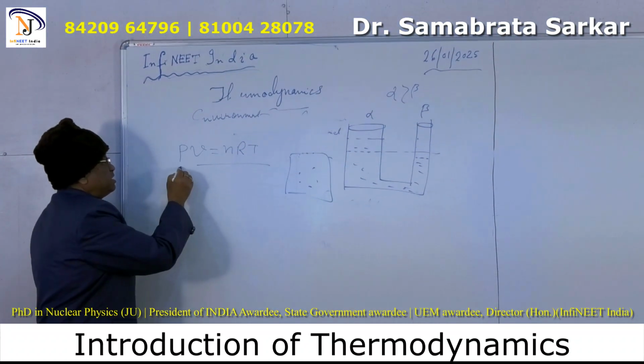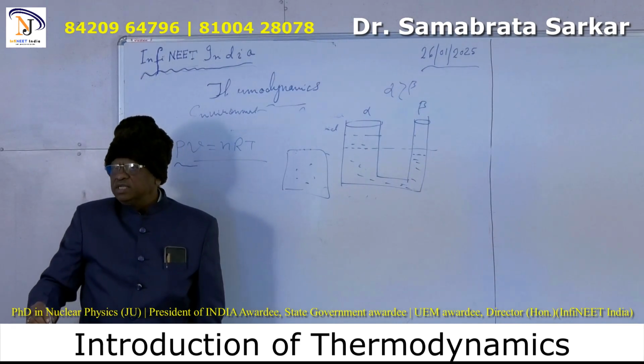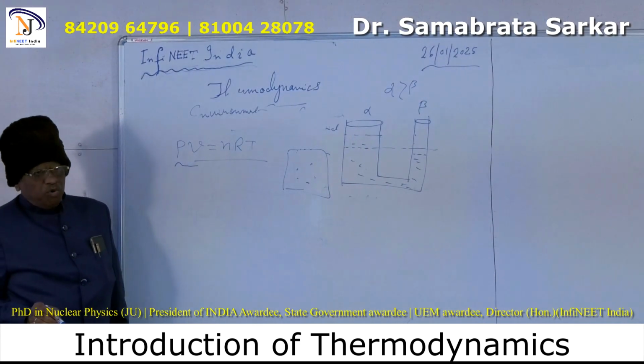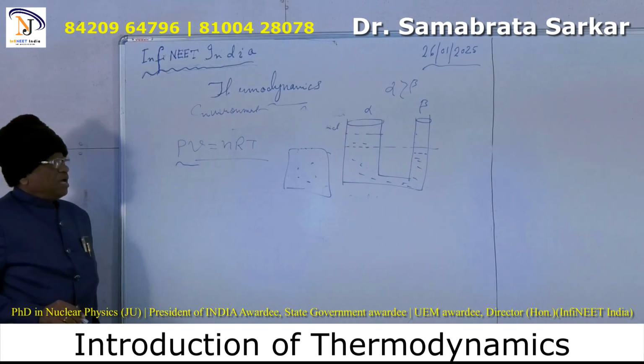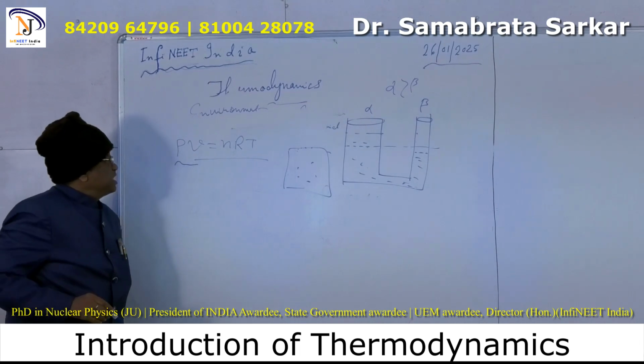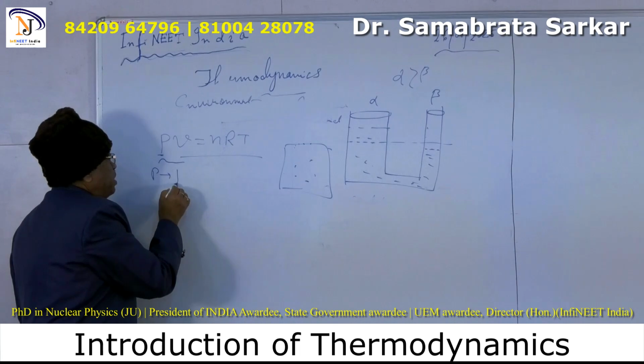So the ideal gas has no potential energy. Okay, clear? Then the condition for equilibrium is that here is the parameter P. What is it? Pressure.